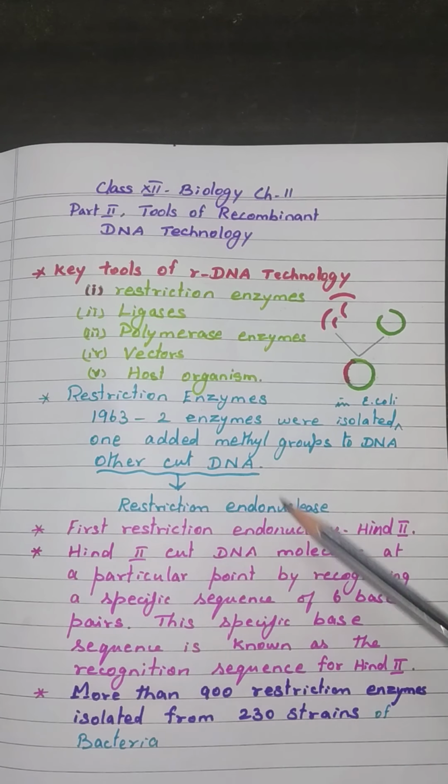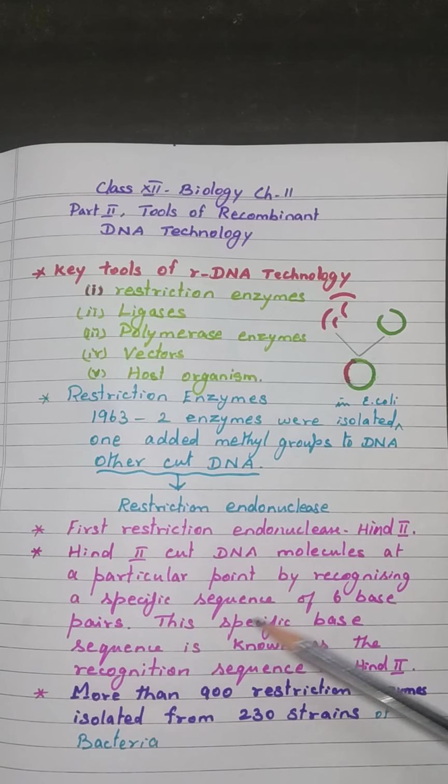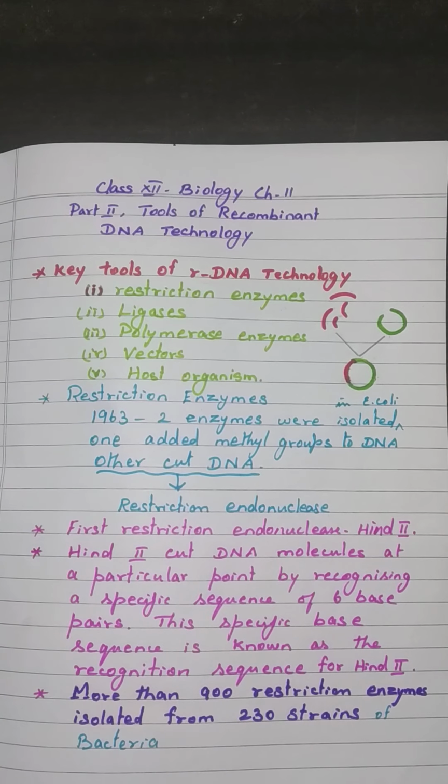It cuts the DNA at a particular point by recognizing a specific sequence of 6 base pairs. It cuts only in one place, at a definite place.